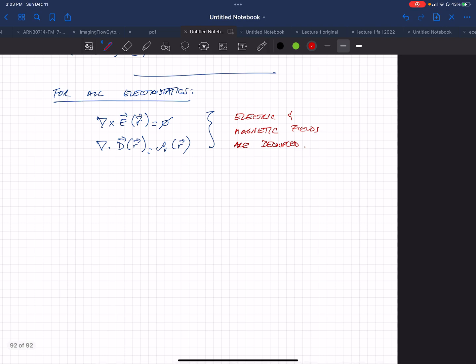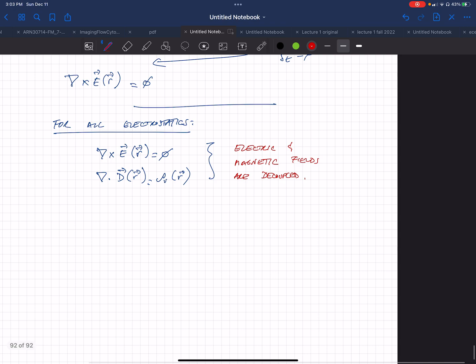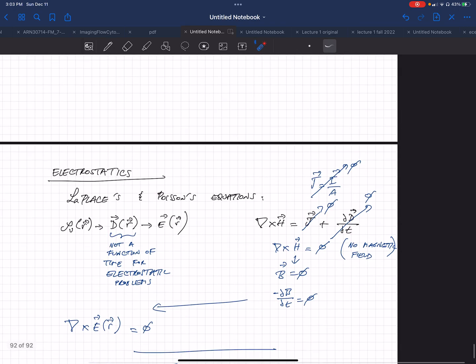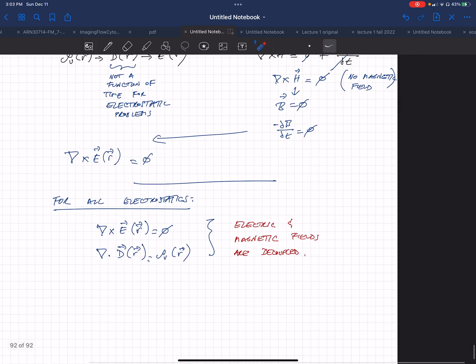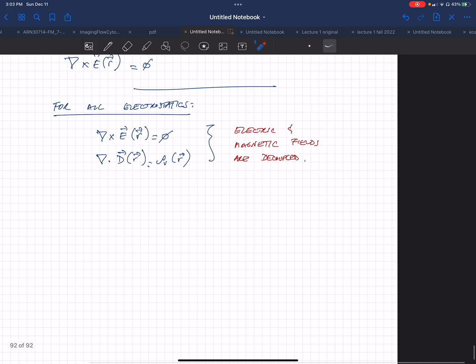Okay, so it seems like we're in good shape because if we have the charge density, from there we can get the electric flux, and we can get the electric field from there. So we're good to go. But the problem is that in most applications, it's very hard to measure charge density.